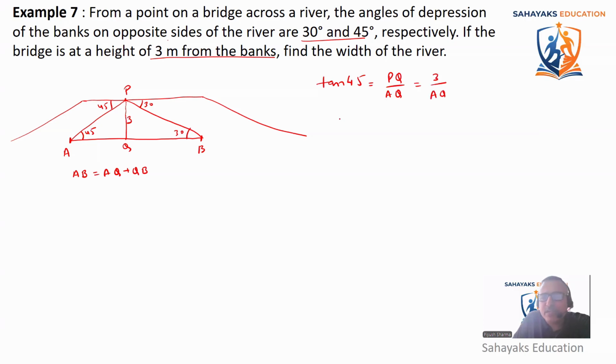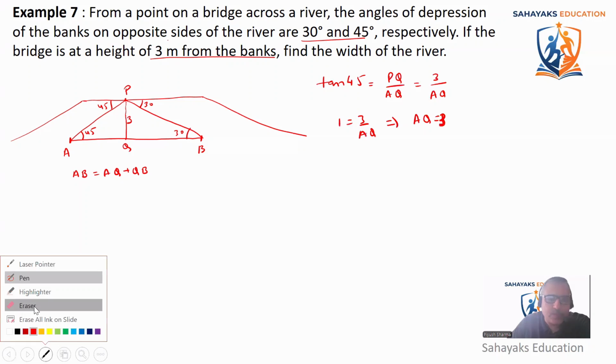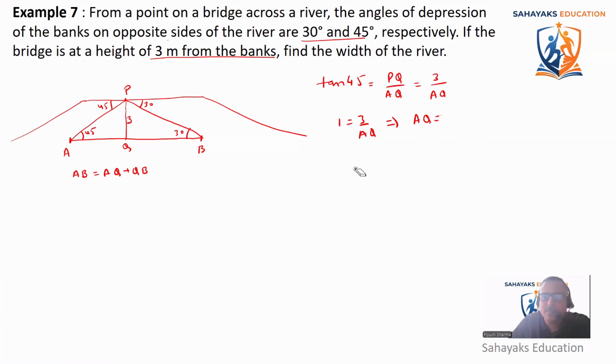So tan 45, the value is 1. 1 is equal to 3 divided by AQ. This implies that AQ is equal to 3 meters.